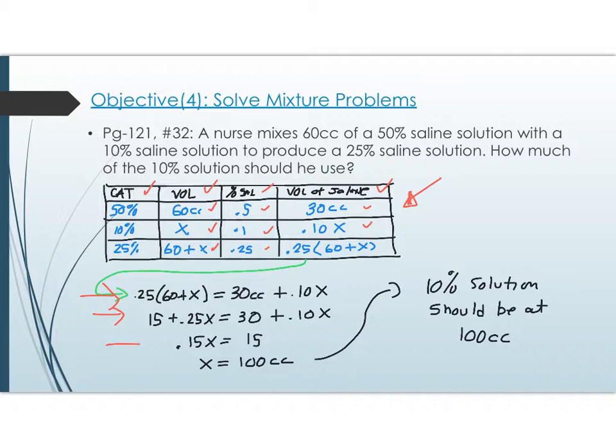I subtract 15 from both sides of the equation, and I subtract 0.10x from both sides of the equation, I get 0.15x is equal to 15. And then when I divide both sides by 0.15, I get 100 cc's. So the 10% solution should be 100 cc's.